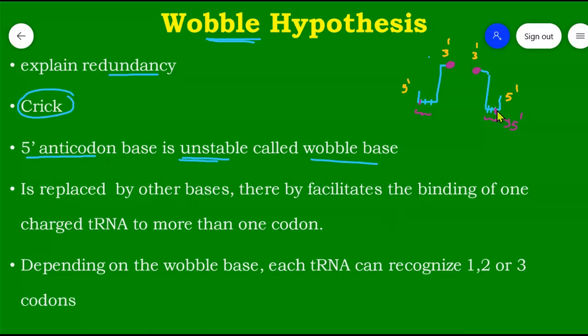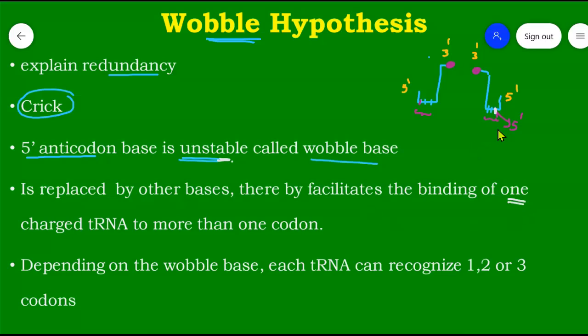So this 5' anticodon base is unstable on the tRNA and it usually recognizes more than one codon. As it is unstable, it is usually replaced by other bases like inosine, which facilitates the binding of more than one codon by the tRNA.